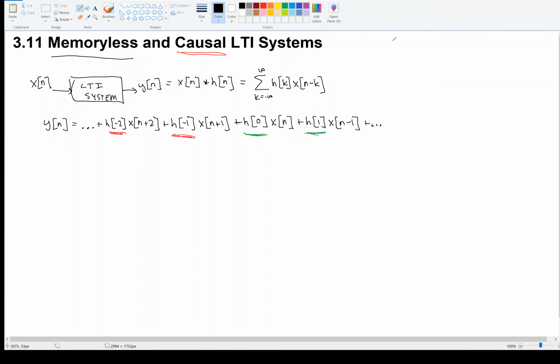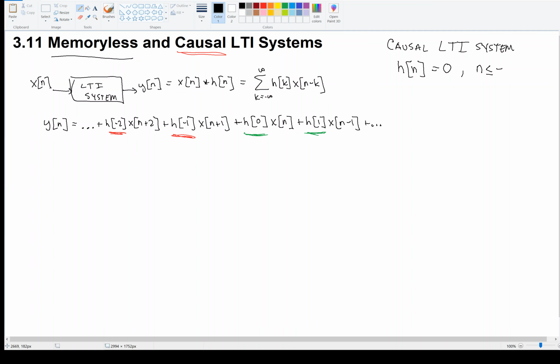So we conclude, for a causal LTI system, the impulse response must be equal to 0 when n is less than or equal to minus 1.